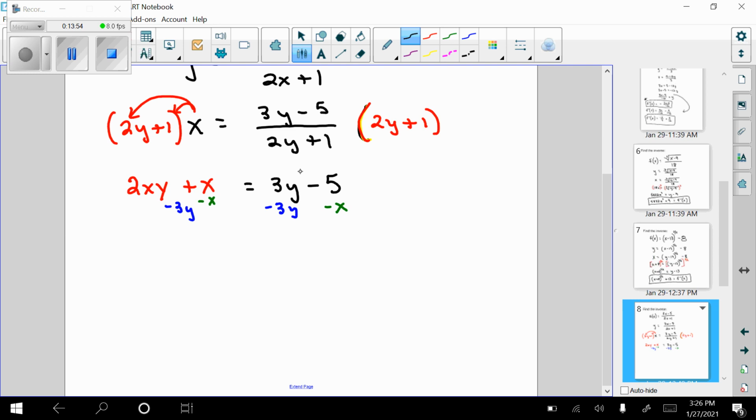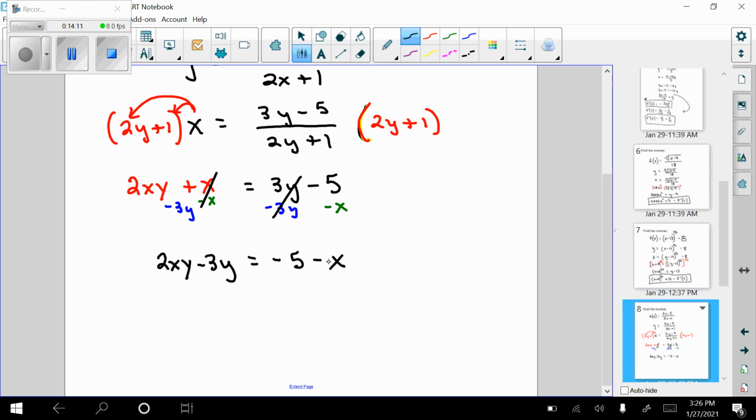So here these cancel. This cancels. So I'm left with 2xy minus 3y equals negative 5 minus x.